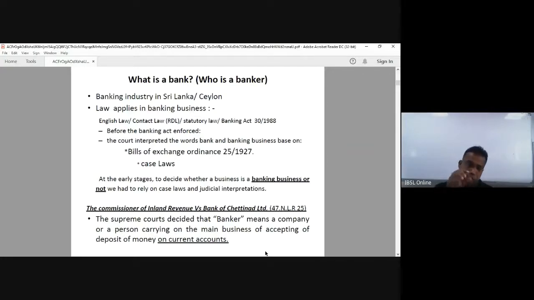To understand this, this case is very important: Commissioner of Inland Revenue versus Bank of Chettinad Limited, decided in 1947. You will understand it when we discuss the facts.